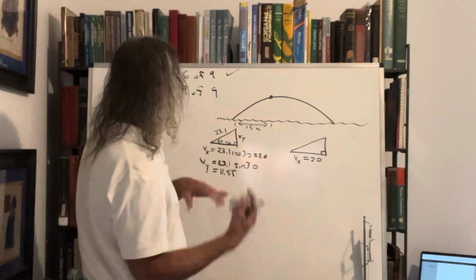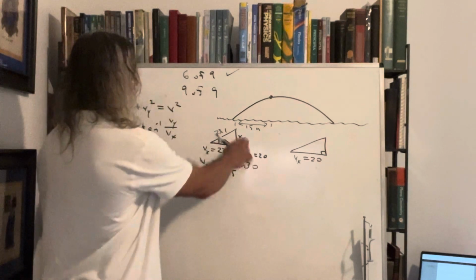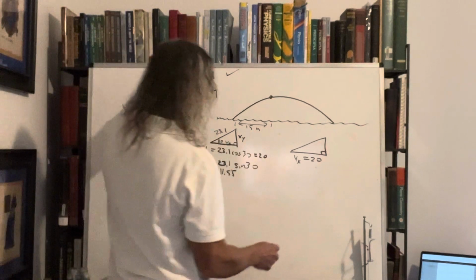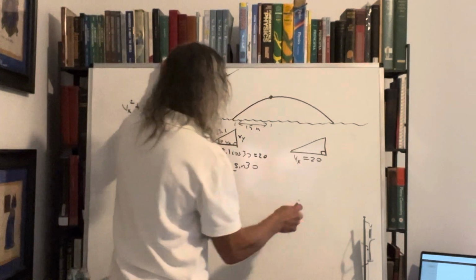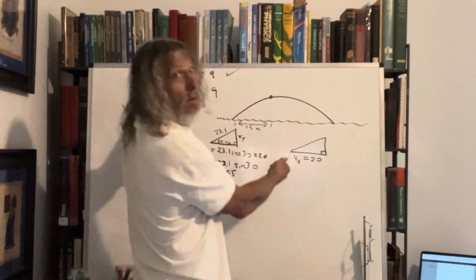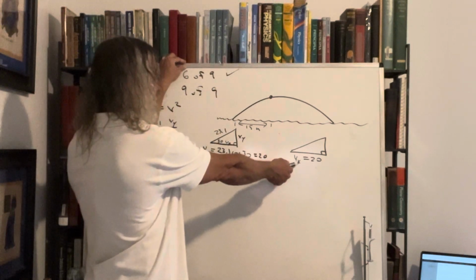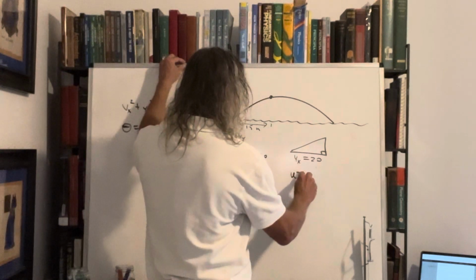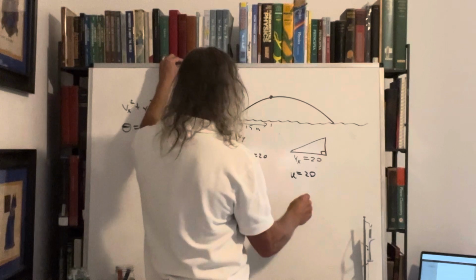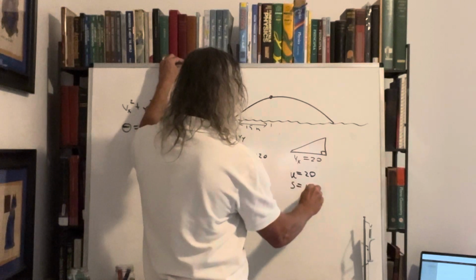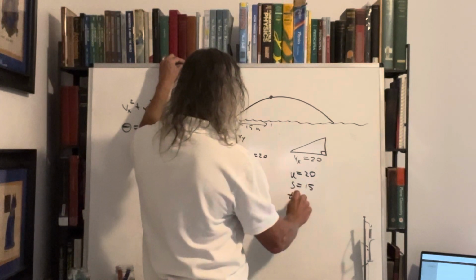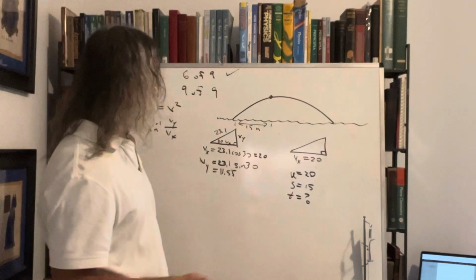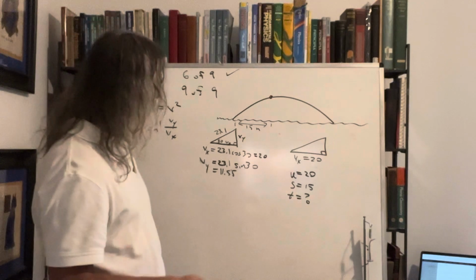So 15, okay. We got the horizontal speed. We got the distance traveled. If we write down our givens, we're trying to figure stuff out. Like this would be our initial speed this way, doesn't change. So U is 20, S is 15, T is unknown, no acceleration. So can we get that?